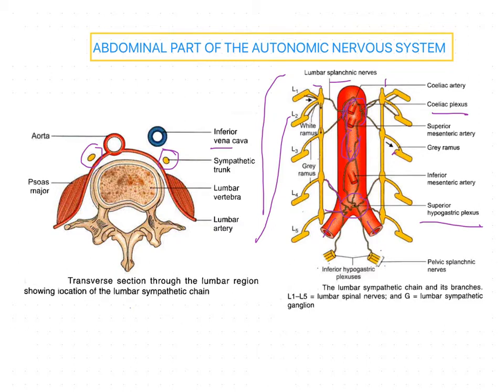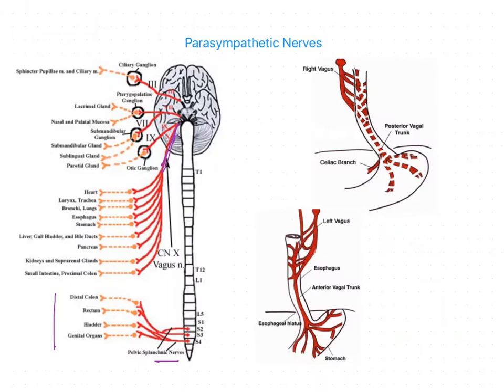These 2 pelvic splanchnic nerves form the inferior hypogastric plexus. Now we will see the vagus. A pair of vagus is present, one is the right vagus and the other the left vagus, isn't it?